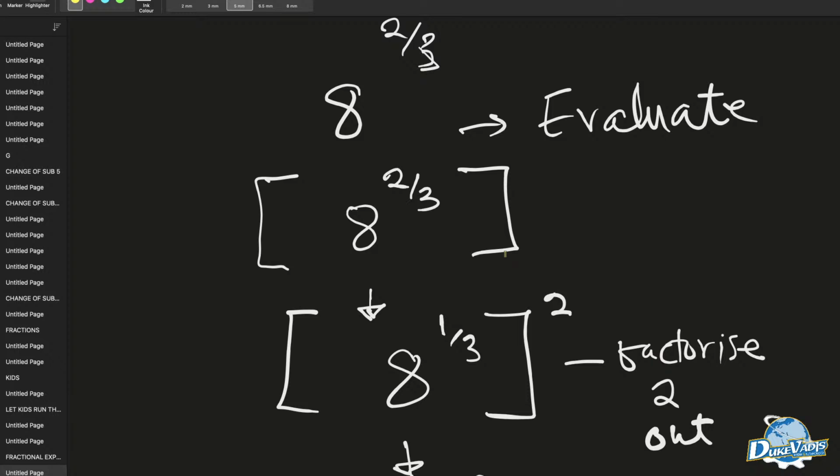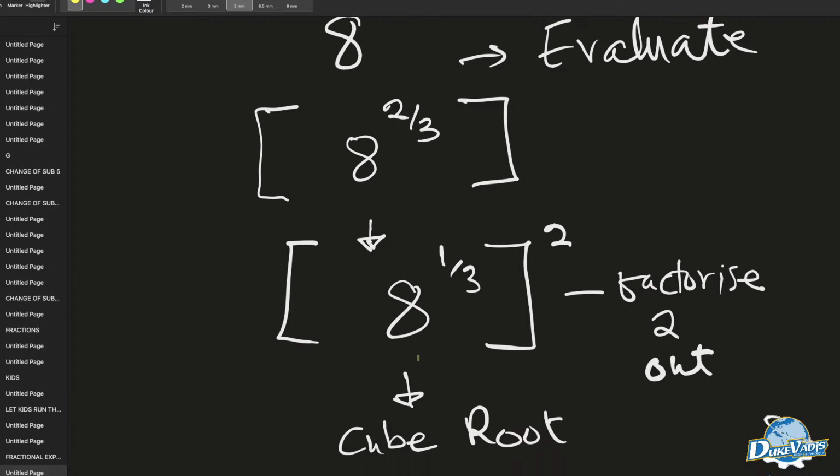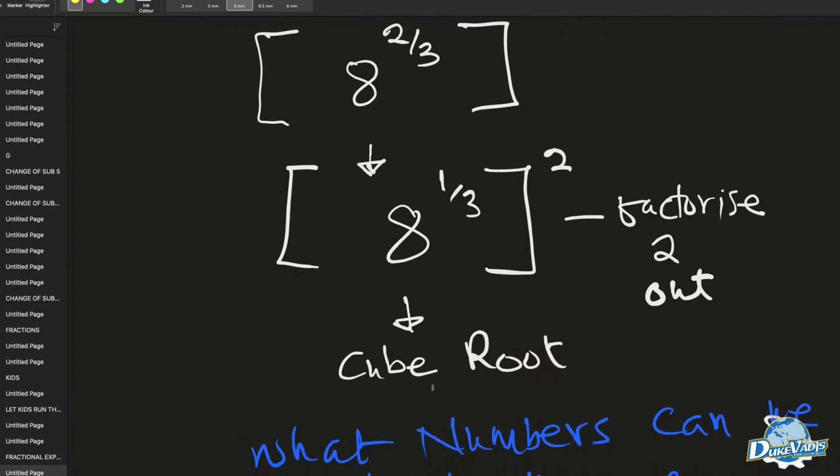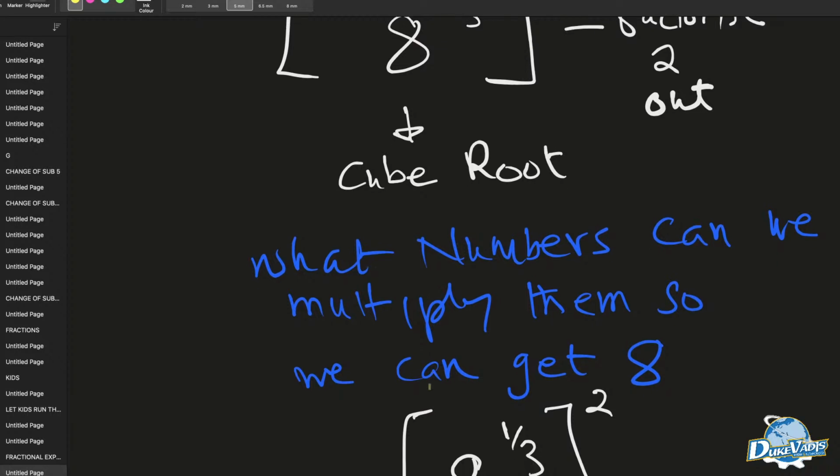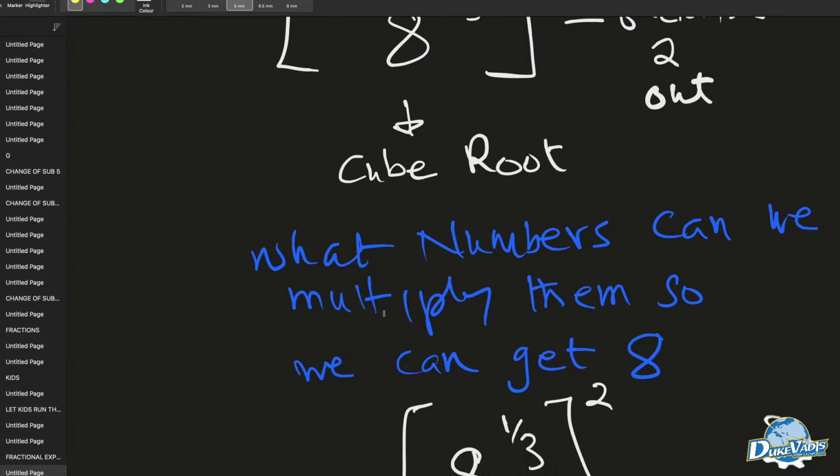And you and I know that we can do factorization because the 2 over 3 over here, we can pull the 2 out. So our expression will be 8 raised to the power 1 over 3. So this becomes a cube root. Then we said, what numbers can we multiply so that we can get 8?